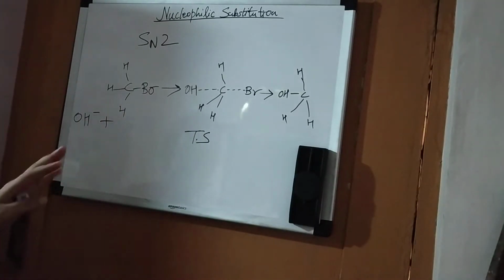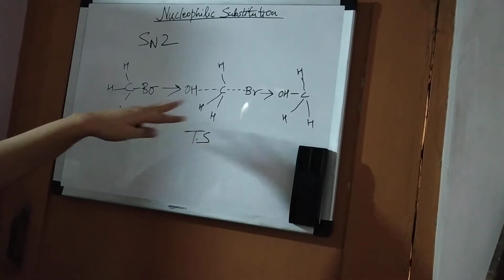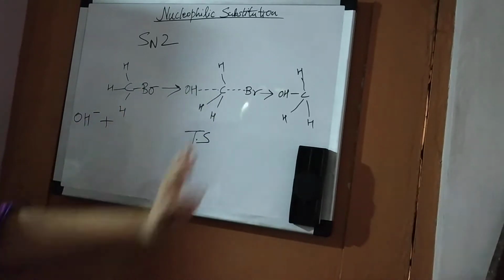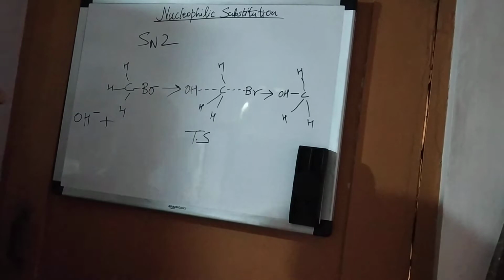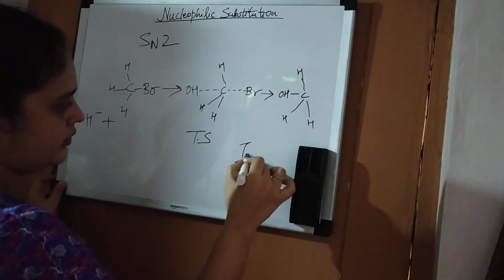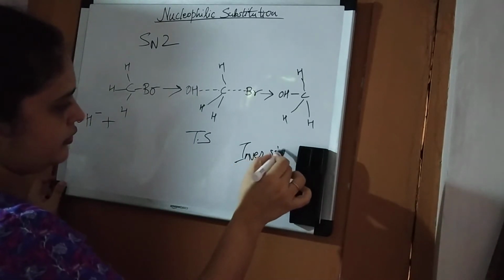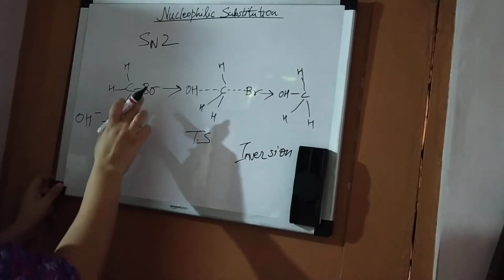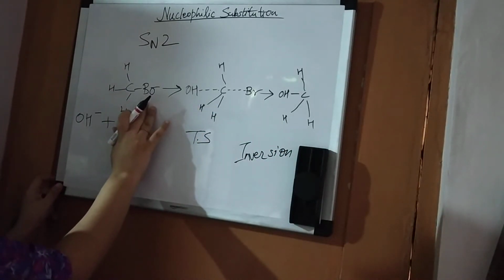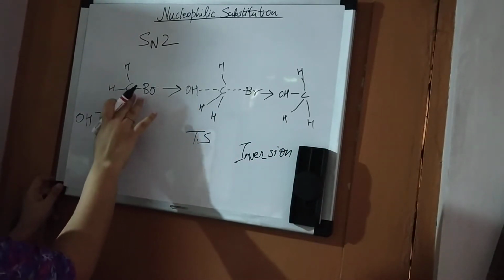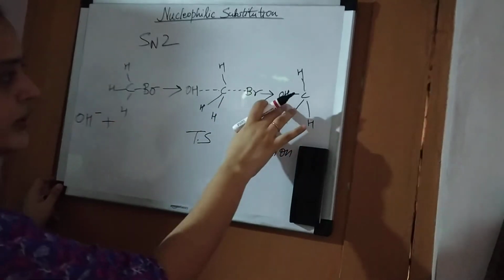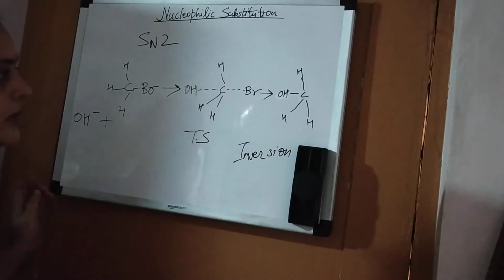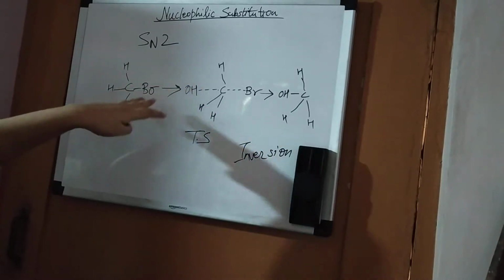You can see that inversion of configuration has taken place, because the bromine group was on one side, and the OH group, the incoming group, attacks from the opposite side of the bromine group.